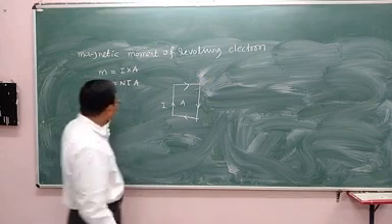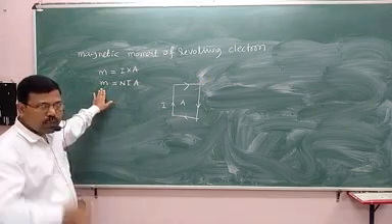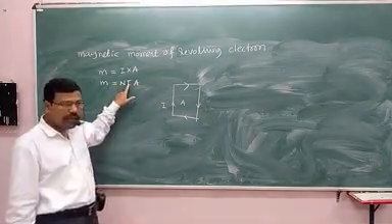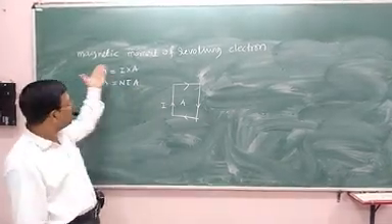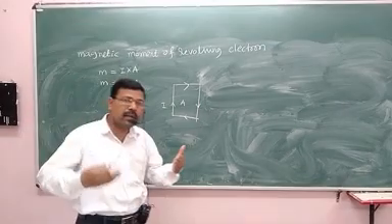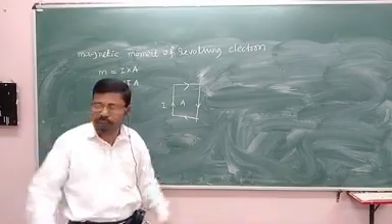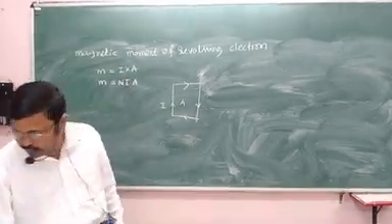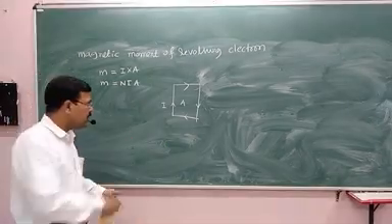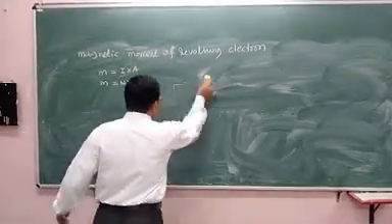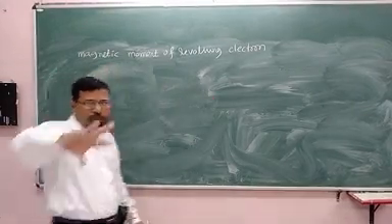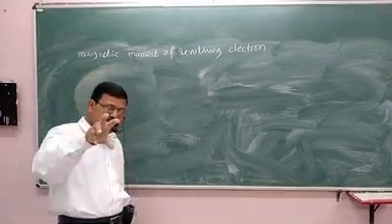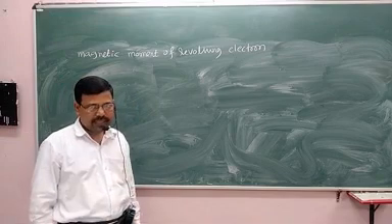Fine. So, magnetic moment depends on the strength of current and the area of coil. But here is a topic, magnetic moment of revolving electron. Yes, where is that electron revolving? As all of us have studied, in every atom, at its center, there is a nucleus.